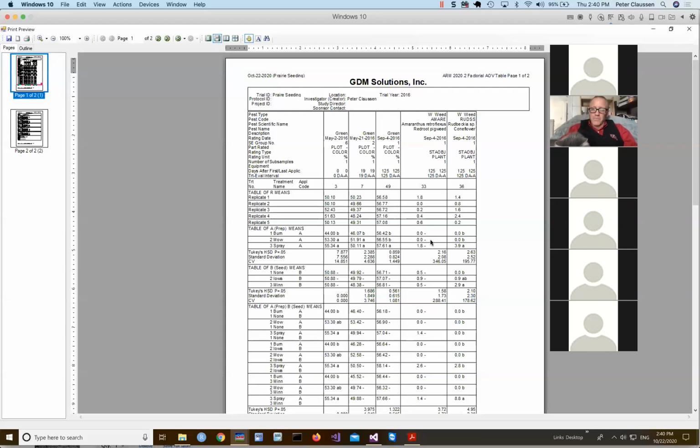That's information that I can get from a split plot design. If I look down here, I can see that the burn and the mow, and the burn and the mow, were consistent with not having any real counts of pigweed. It is the spraying that had the main effect.